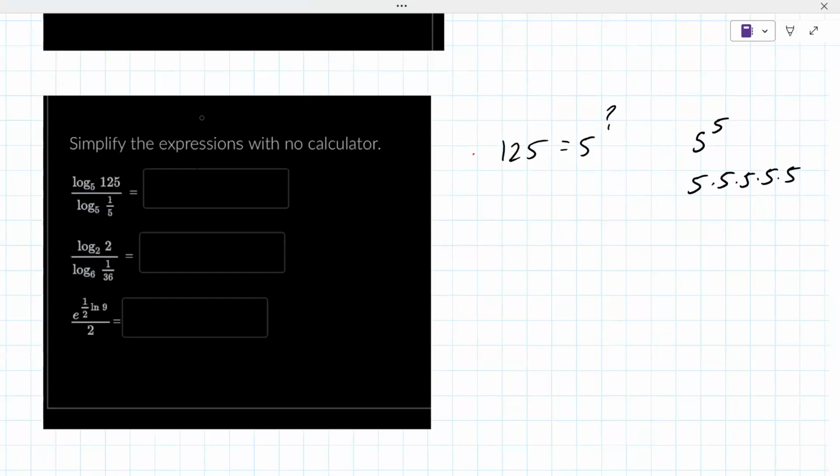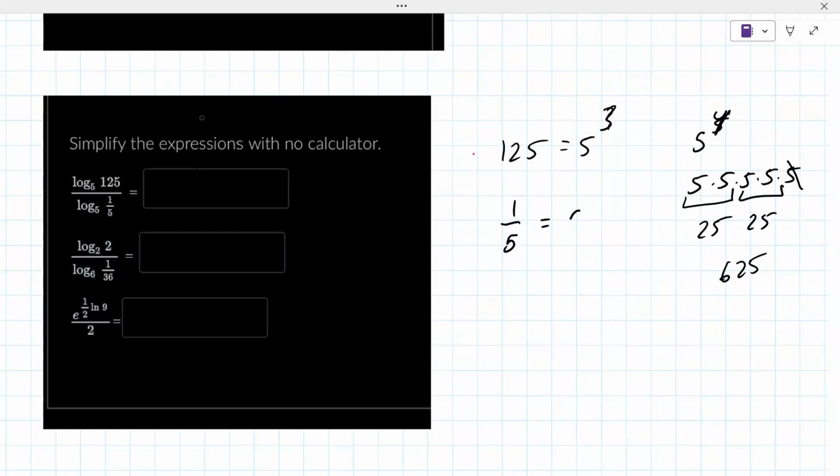You may find that that is too large. Is it 4? For example, 5 times 5 is 25, and that's another 25. Even if you go 5 to the 4, that's still pretty big. Is it 3? It is 3.